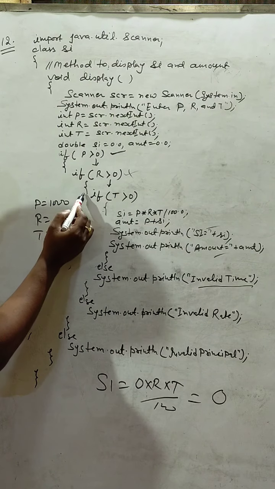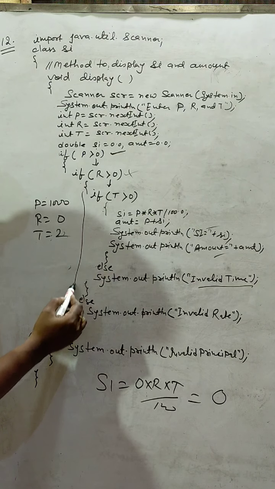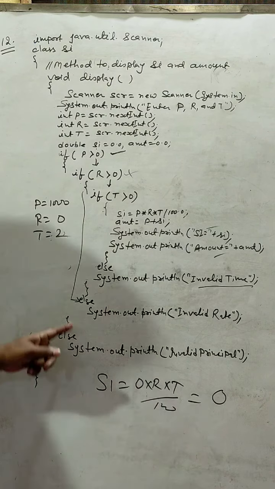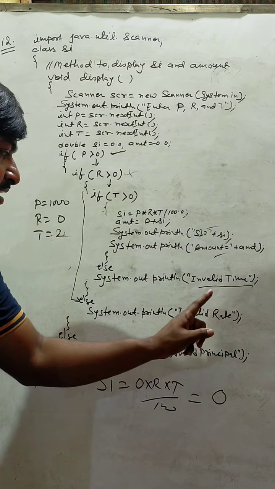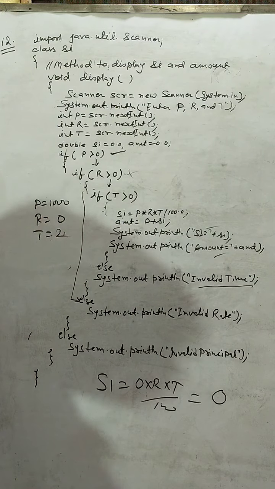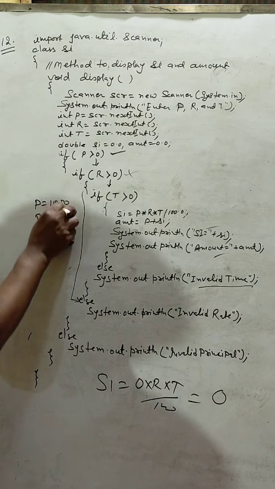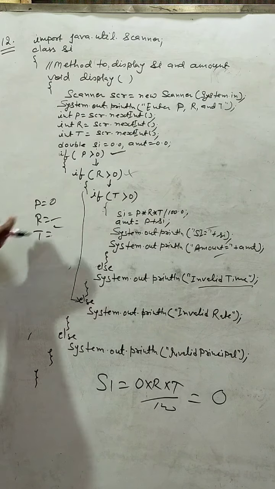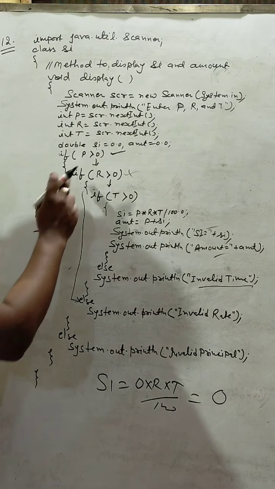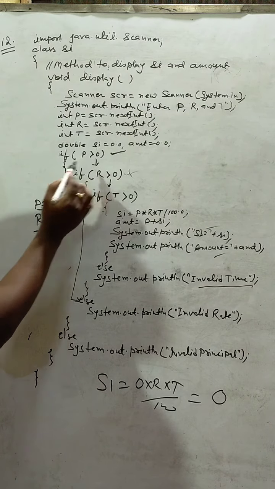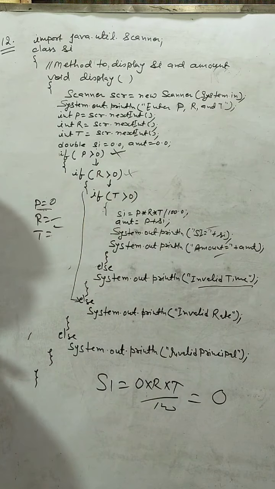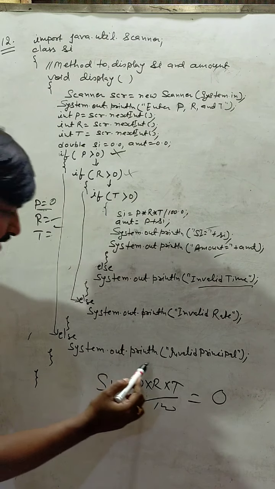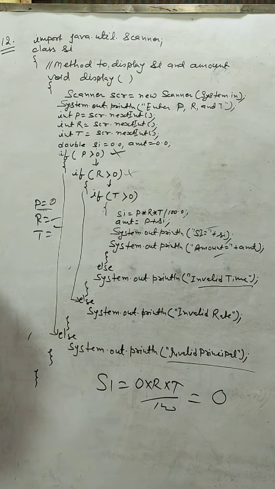The control transfers to its else statement here, and here it will print invalid rate. See, rate is invalid. Got it? One more example. Take P equal to 0. Whatever the value of rate and time, it doesn't matter. P equal to 0, the first condition evaluates to false, and the control transfers to its else part here, and it will print invalid principal.